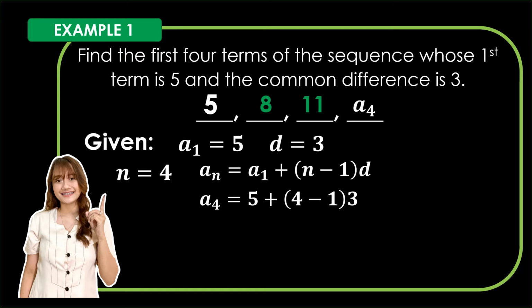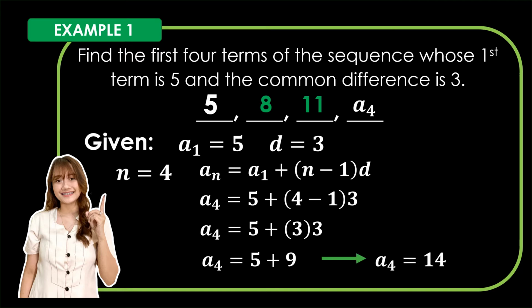Following the PEMDAS rule, we have a sub 4 is equal to 5 plus 3 times 3. And 3 times 3 is 9. So copy 5. Our equation becomes a sub 4 is equal to 5 plus 9. And we all know that 5 plus 9 is 14.